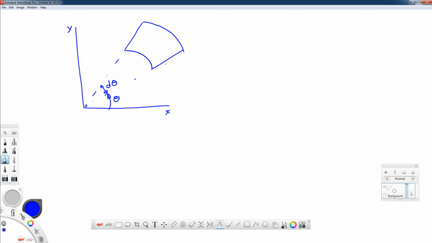And so we have the first edge theta and the second edge theta plus d theta. But I also want to identify a bisecting angle and the radial line that goes through that, such that each of these is d theta over 2 on either side of this line that I just drew in.